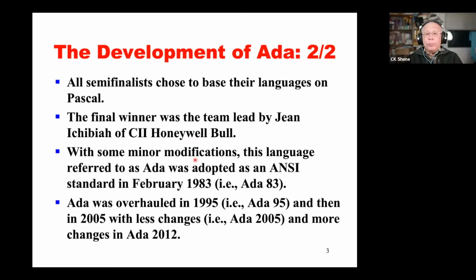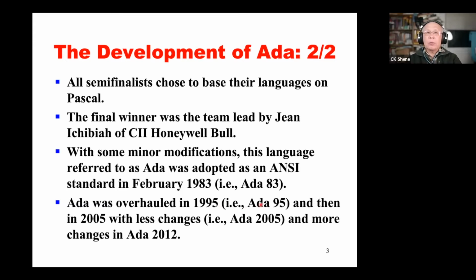So with some very minor modifications, this language referred to as Ada was finally adopted as an ANSI standard in February 1983. Therefore, the name Ada 83. Ada was overhauled in 1995.